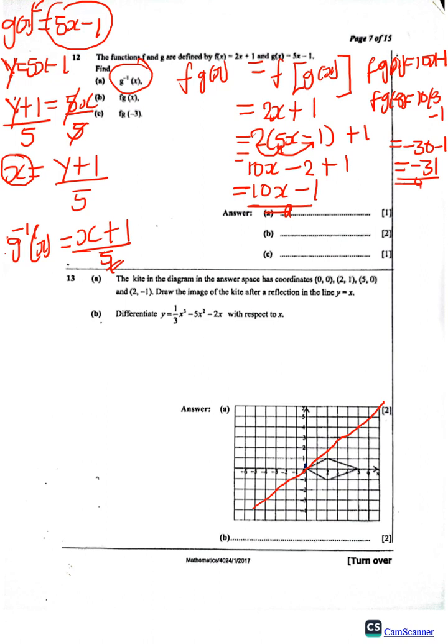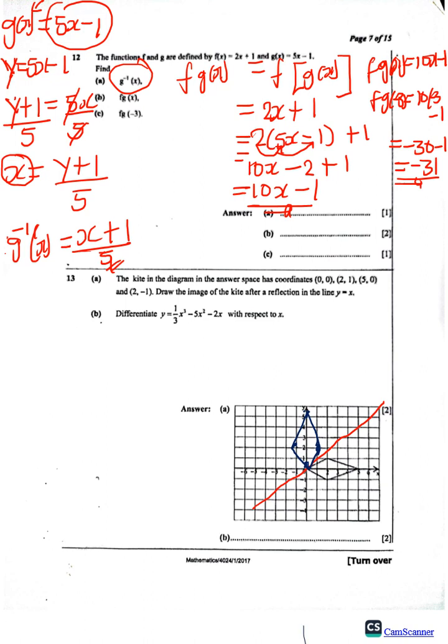So this point will be here. Now let's look at this one. So this point is here. This point will be here. So our image will be formed like this. That is our answer for that part.